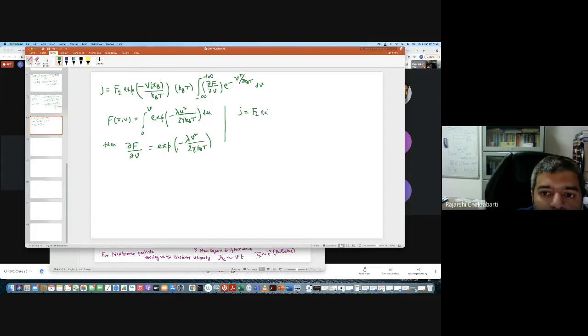exponential of kBT is there, and then have integral. So I'm just skipping one step. Just I can take this minus v square common. No, I can take. Okay, yes. kBT also common.